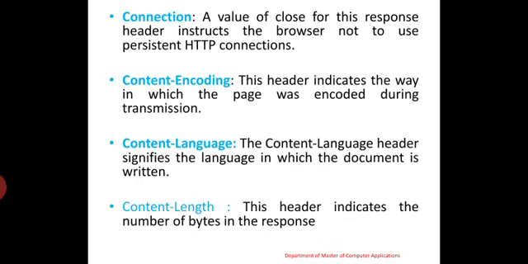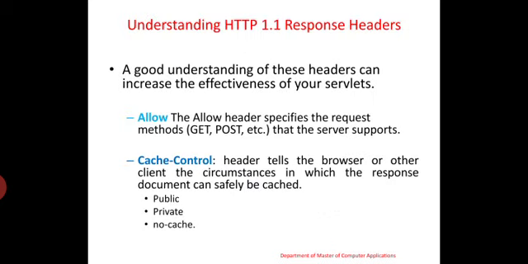The Cache-Control header tells the browser or other client the circumstances in which the response document can safely be cached. The possible values are public, meaning the document is cacheable; private, meaning it is for a single user; and no-cache, meaning the document should never be cached.